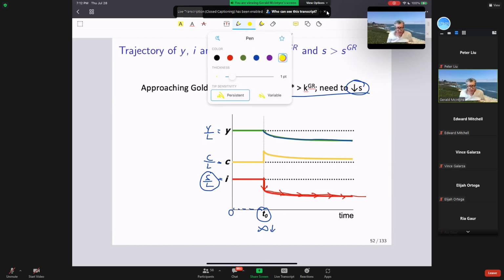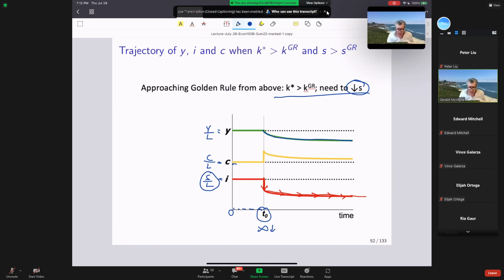Consumption spikes up and then falls a bit, but it is always above where it would have been. It's always larger. C golden rule always exceeds the original C.